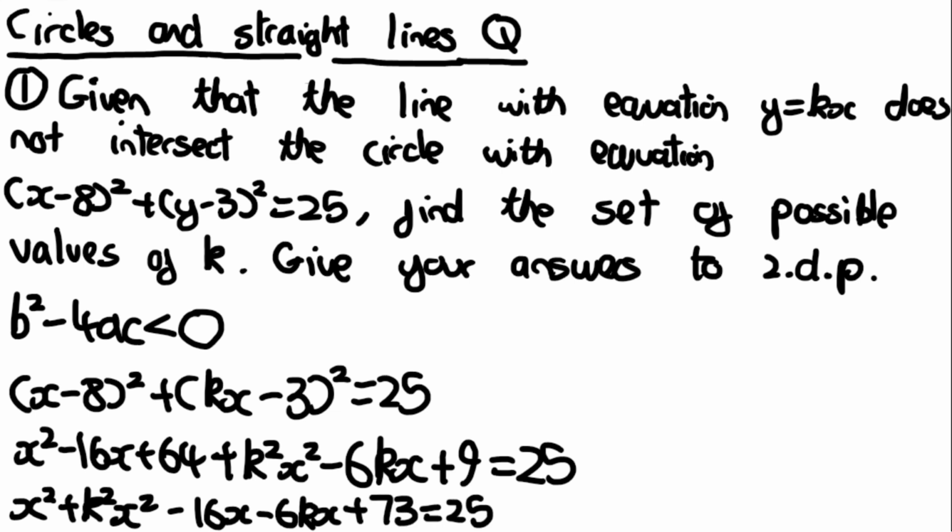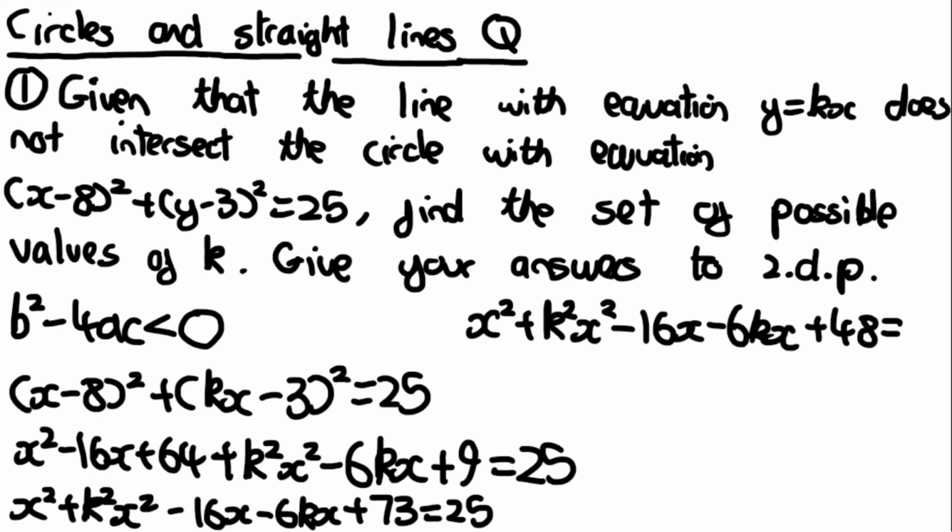We can move the 25 onto the other side to do x² + k²x² - 16x - 6kx + 48 = 0.